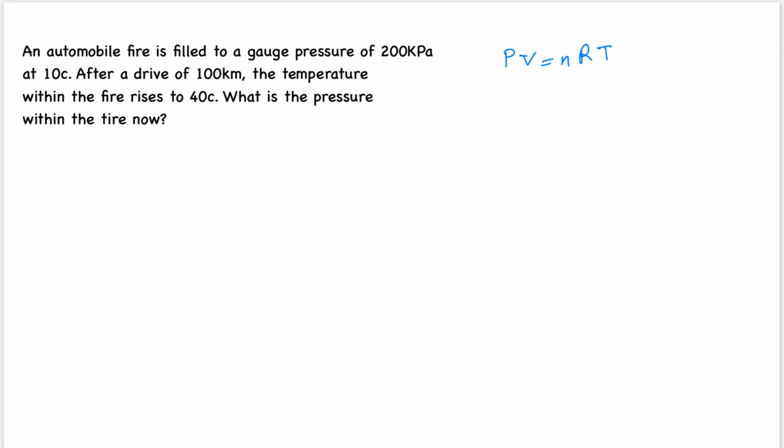If we move T to the other side, we will have PV over T equal to nR. n and R will always be constant if we don't change the amount of gas. So this will be constant.